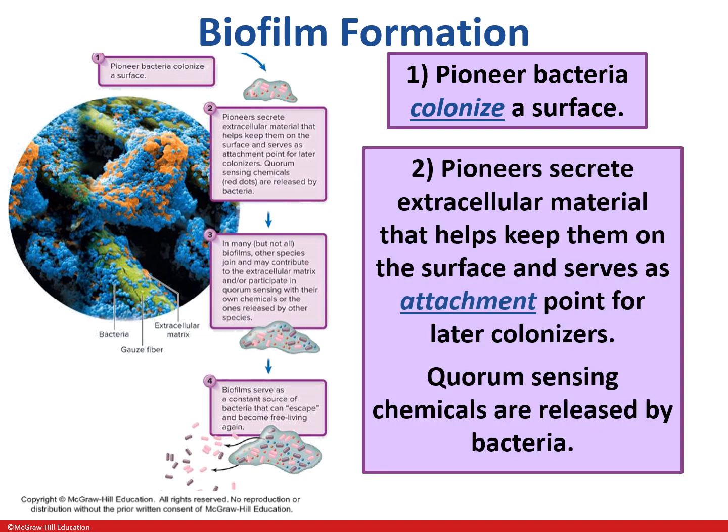Then they start to secrete something that becomes the material that other organisms can stick to, right? And so by providing these attachment points for other species, it just sort of contributes to the layering of the biofilm. And so once you have a certain number of organisms present, that quorum sensing is going to kick in. And that's where they're going to start releasing chemicals to either communicate with their neighbors or even invite other species.